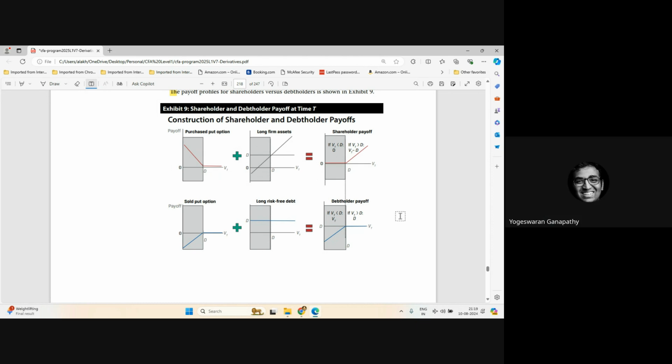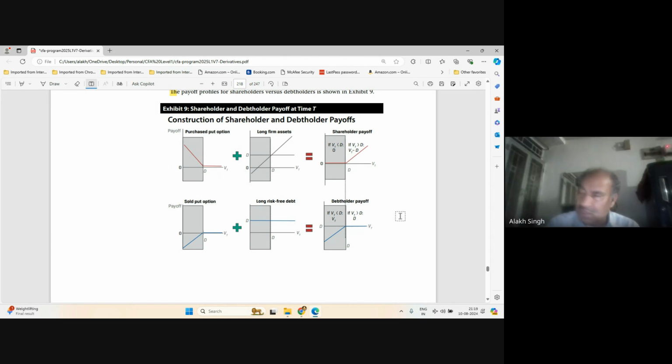Now, for shareholders, they sold a put. If they sell the put, then below the exercise price, if the price falls, the seller starts incurring loss, and the loss looks like this. So for the put, they received this premium.